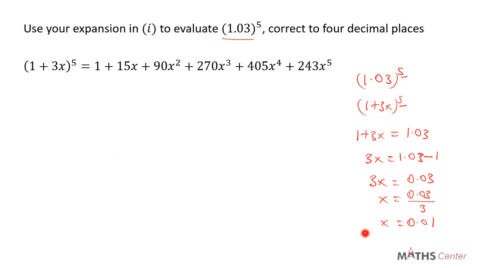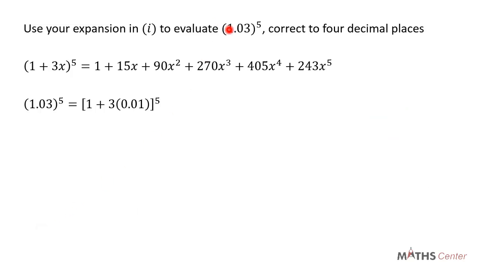We have x is equal to 0.01. This means that 1.03 exponent 5 is equal to 1 plus 3 into brackets 0.01 exponent 5. So if we want to use this expansion to evaluate 1.03 exponent 5, then we have to substitute x is equal to 0.01 into this expansion.